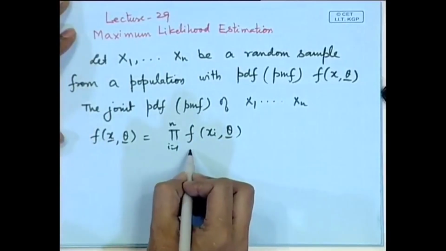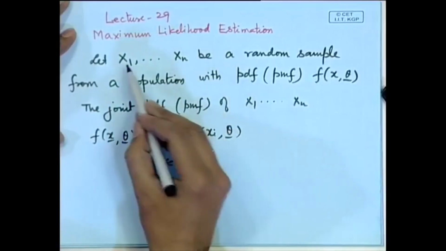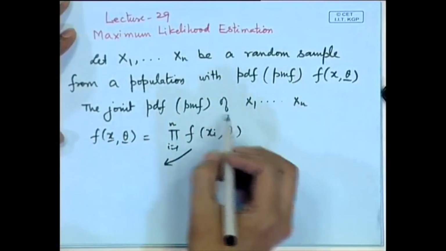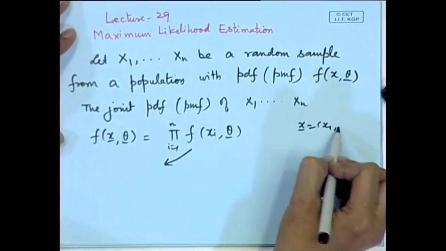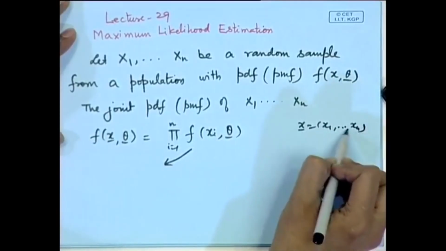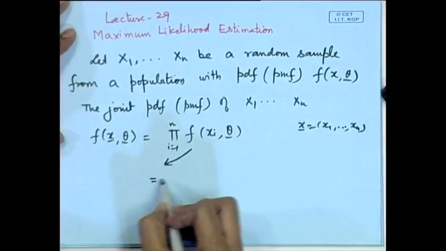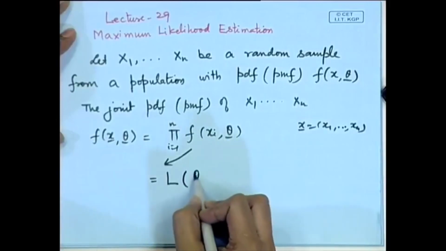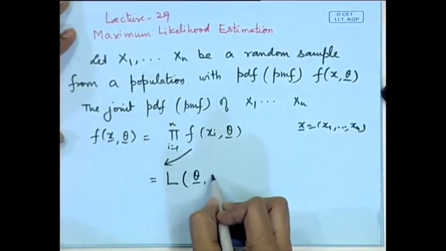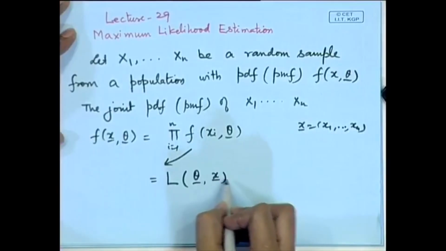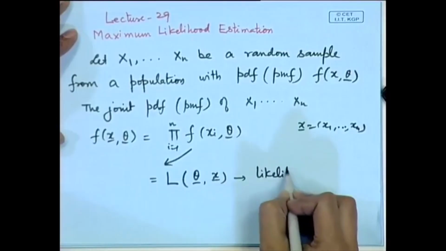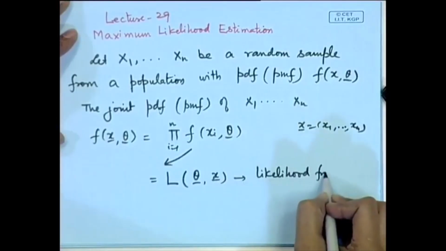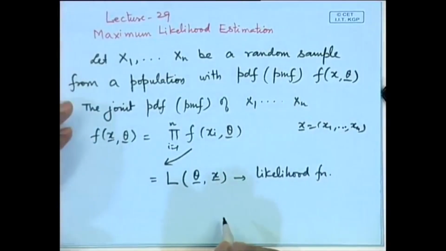When X1, X2, ..., Xn is observed to be some value small x1, small x2, ..., small xn, then we call this the likelihood function of theta, and we may put x here just to denote its dependence on x also. This is called the likelihood function.